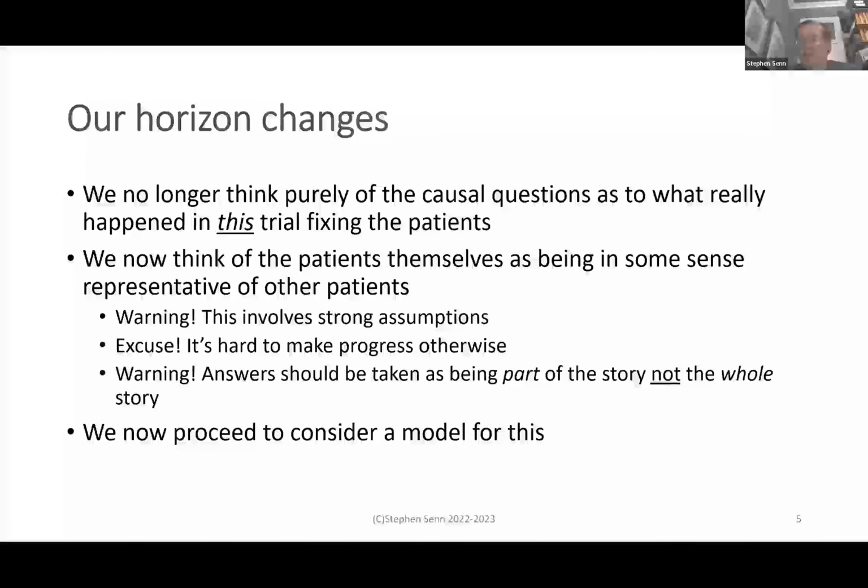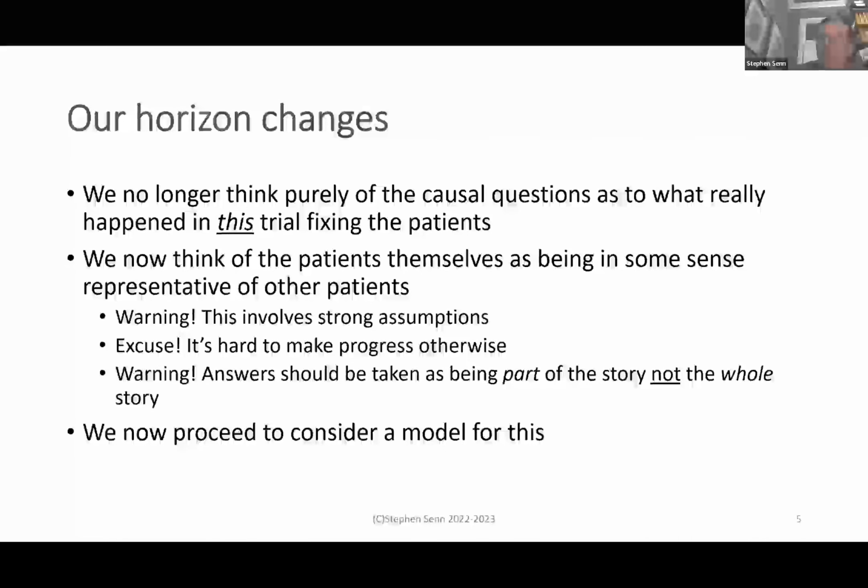You only have to think of the way in which new variants have arisen in the COVID pandemic to see that this is the case. So the warning here is that one can try and answer these questions, one can try and address the uncertainty involved in talking about future patients, but it's only part of the story. There's only so much that statistics can do. Assumptions are required as well.